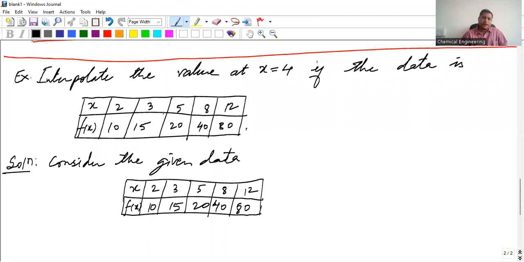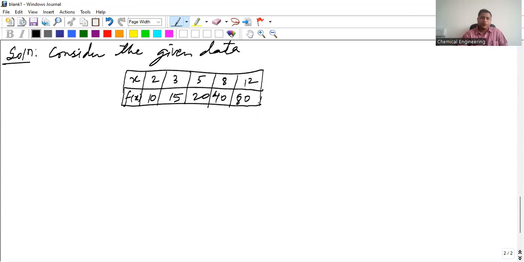So this data is not equally spaced, and hence we cannot use Newton's forward difference formula or backward difference formula here. So we have to use Lagrange's interpolation.